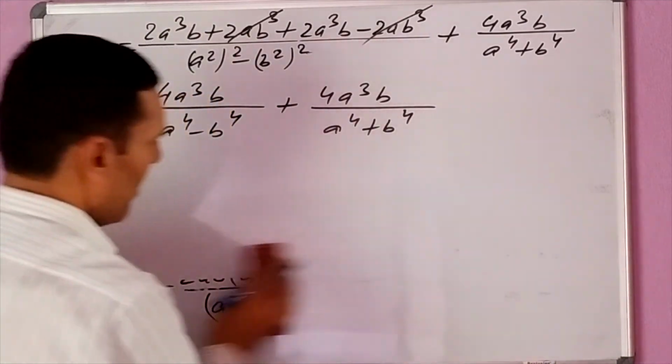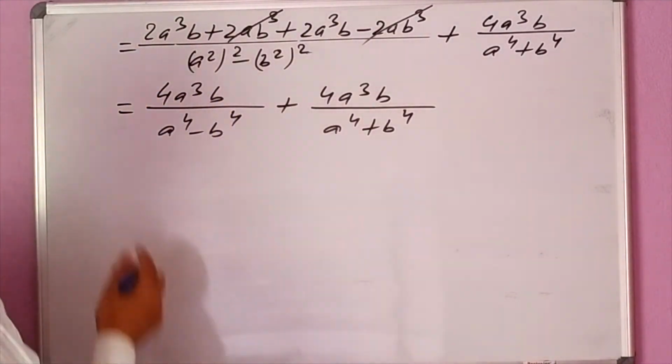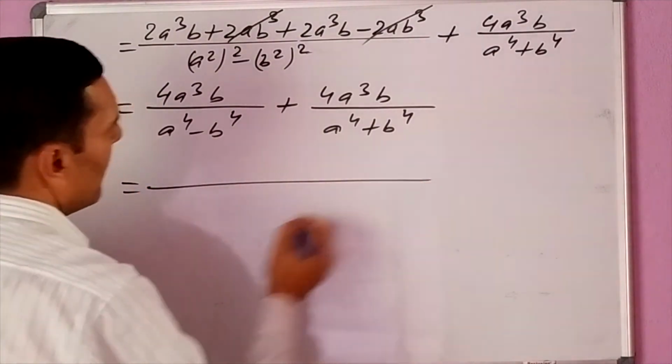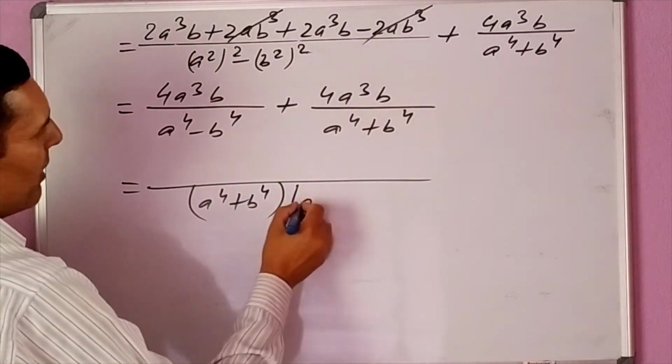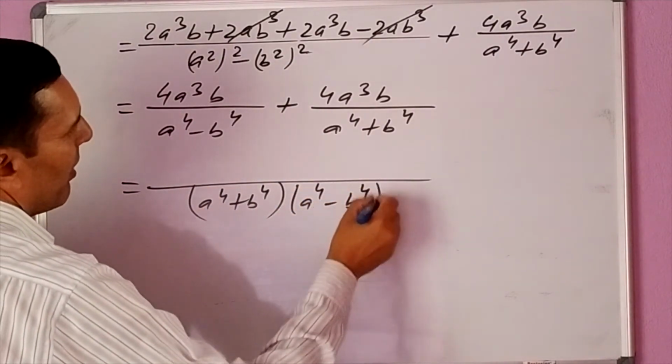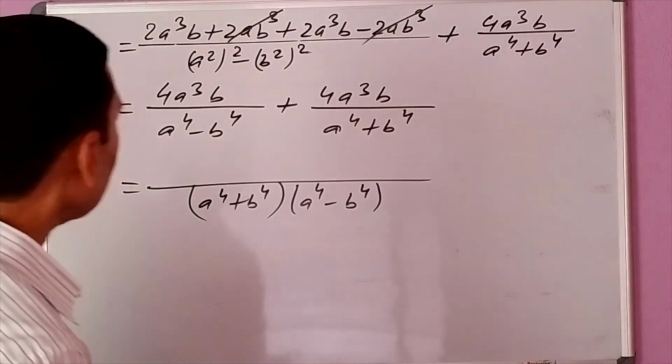Now we take the final LCM, we have the two terms only. So what is the LCM here? A power 4 plus b power 4 times a power 4 minus b power 4, because here also we do not have any factor common.